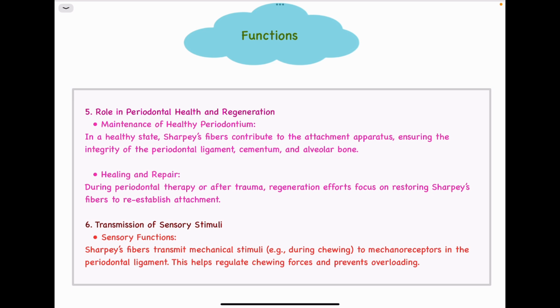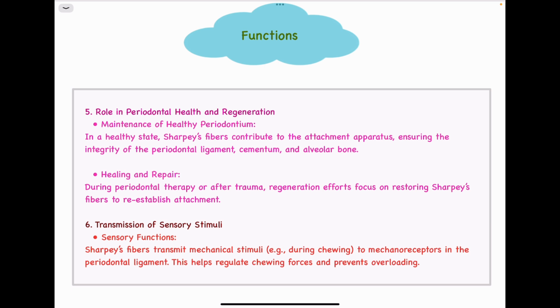Moving on to the fifth and sixth function of the Sharpey's fibers. Again, they are very crucial in maintaining the health of periodontium and also enabling its regeneration. So in a healthy state, Sharpey's fibers contribute to the attachment apparatus, which ensures the integrity of the periodontal ligament, cementum and the alveolar bone. They are also very important for healing and repair process.